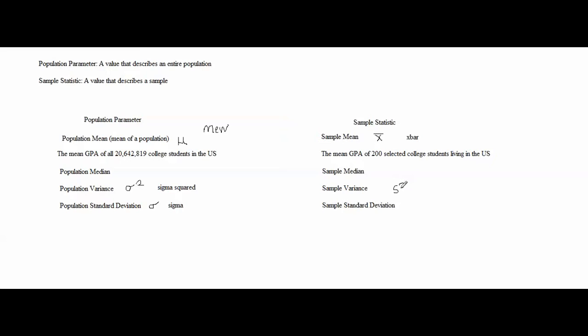And then sample standard deviation is just s. The reason why this is just sigma is because it's the square root of the variance, and the reason why this is just s is because it's the square root of the variance.